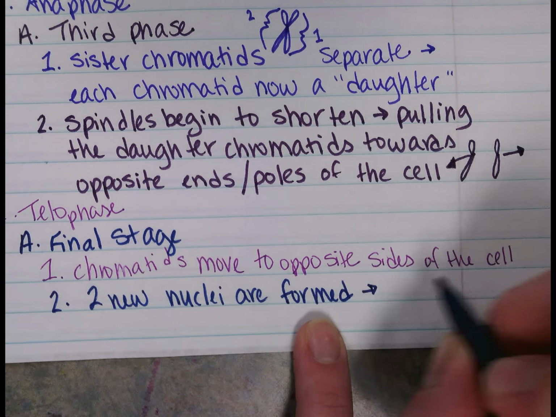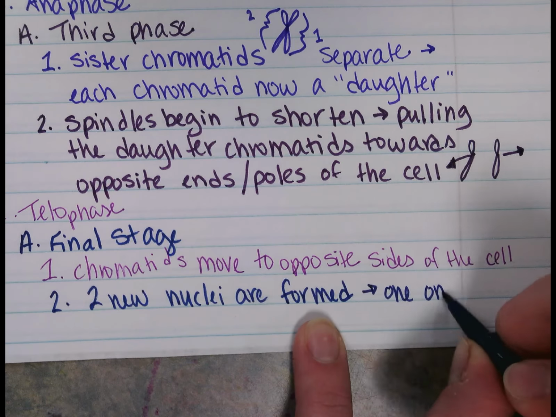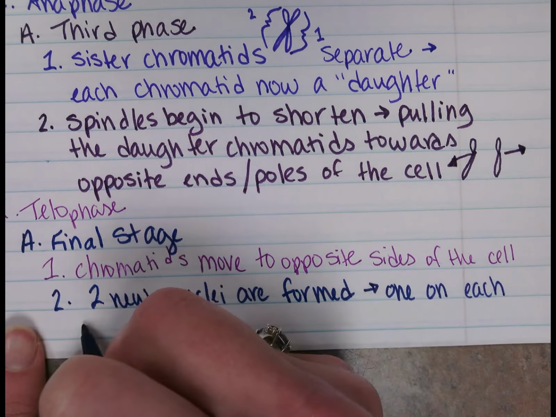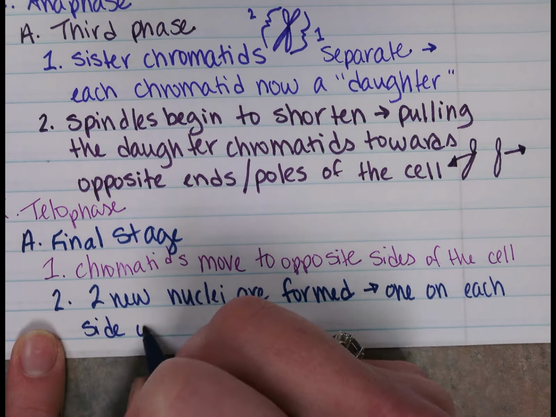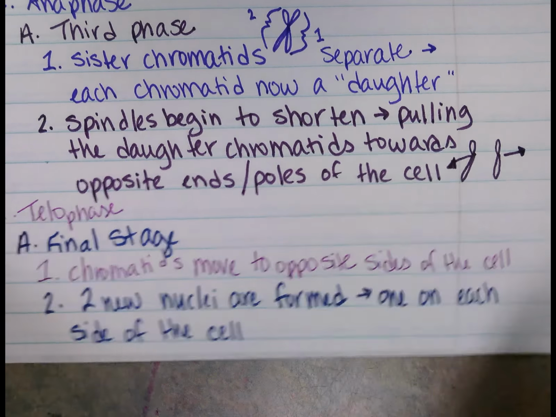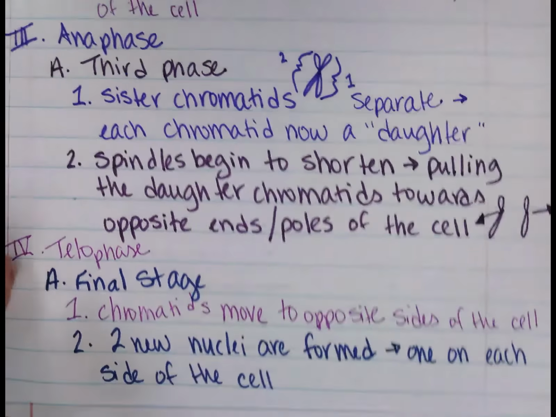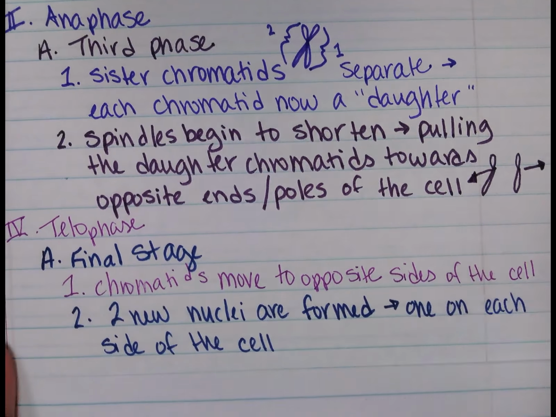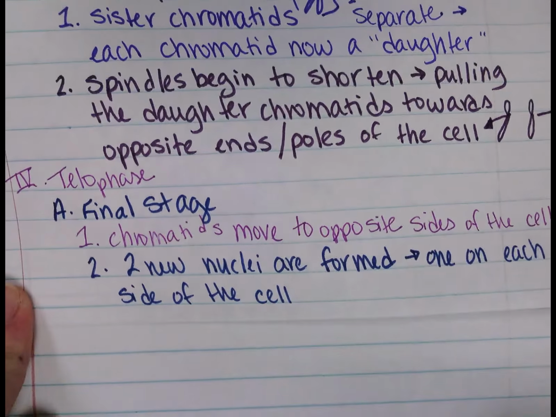All right, so one on each side of the cell. Ran out of room. Womp womp. There's really not too much more. Two new nuclei on each side of the cell.